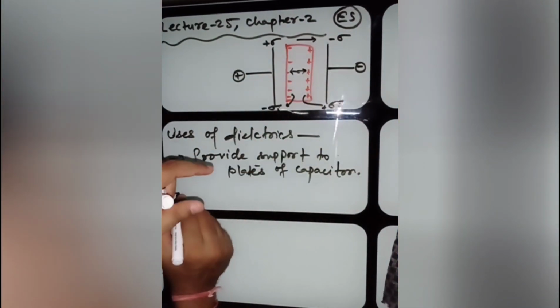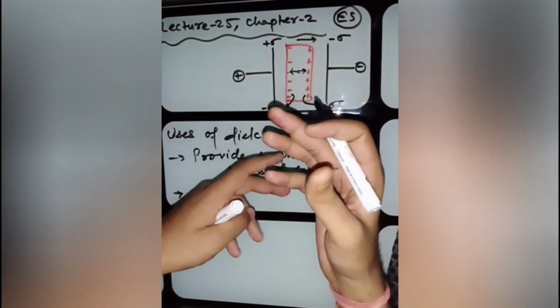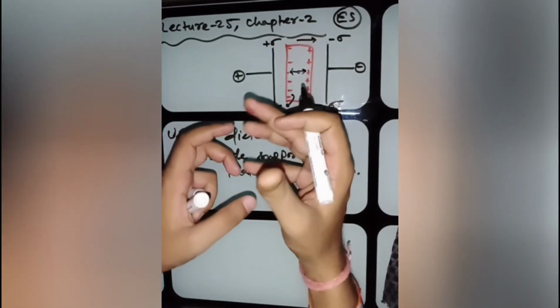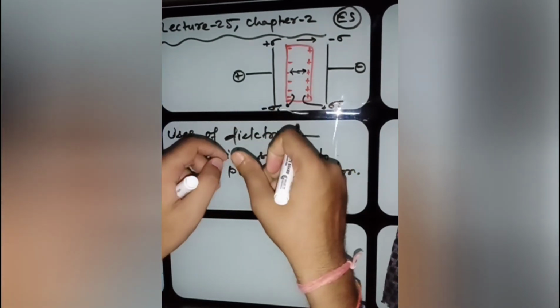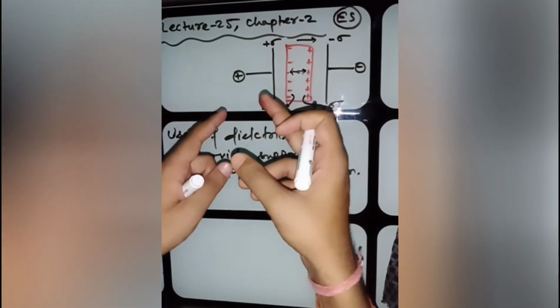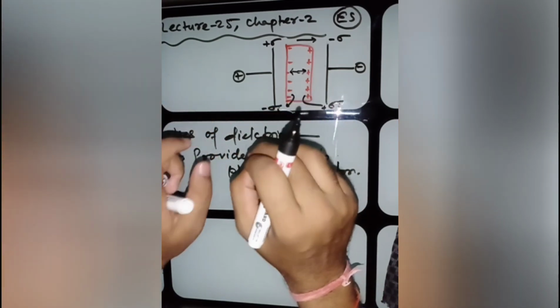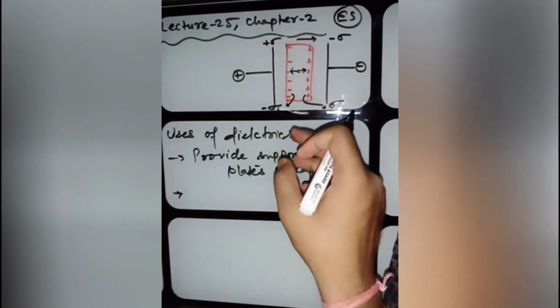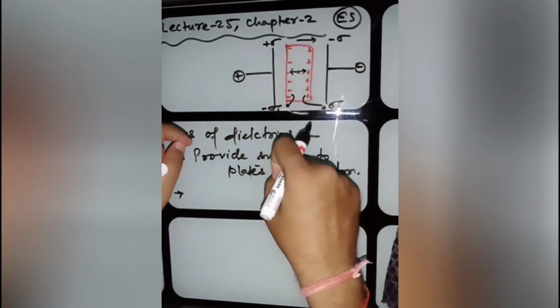Now the next, some dielectric materials which have a higher dielectric strength than air are used to prevent breakdown. Remember, try to write down this one.